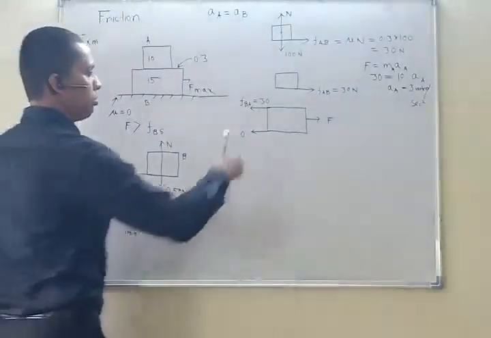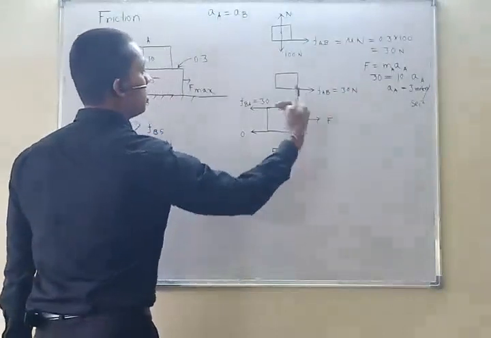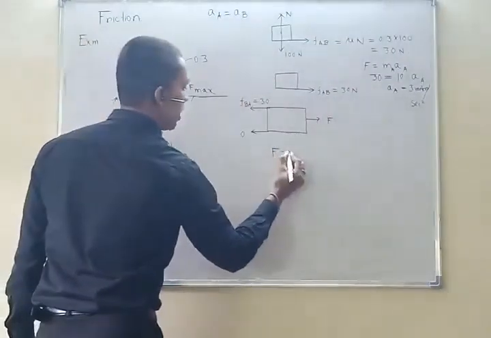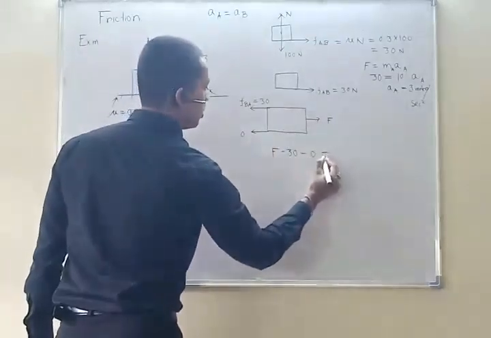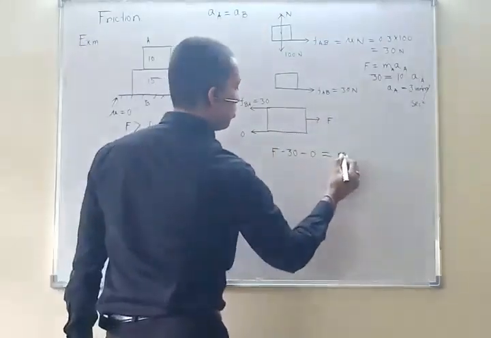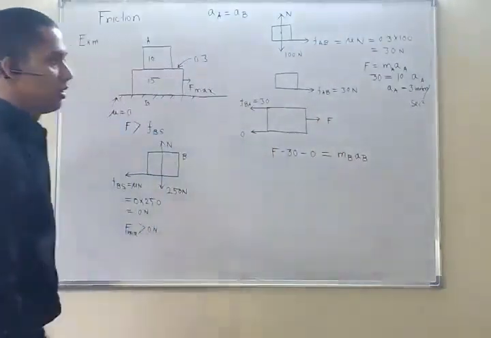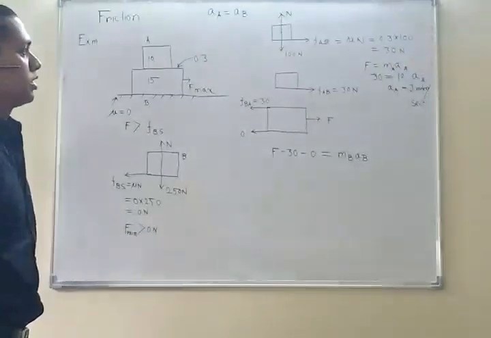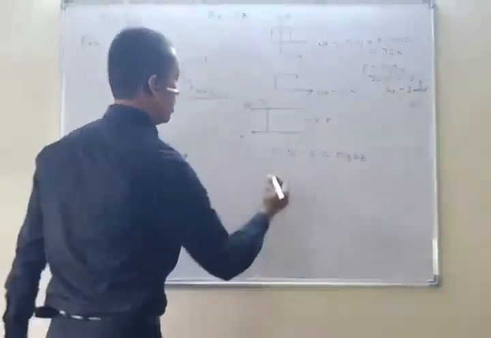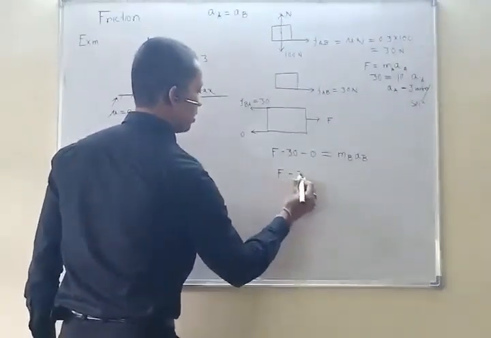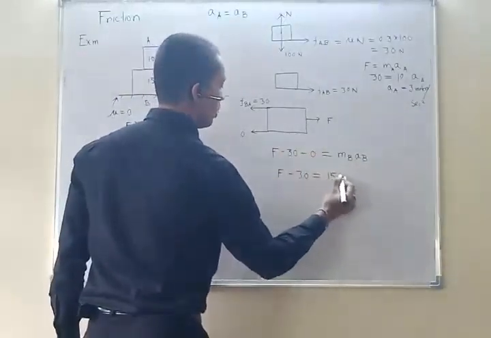So right now, from the free body diagram, we can say F in this direction, resistance in this direction, minus 30, minus this one 0, is equal to mass of B into acceleration of B. What can be the maximum acceleration? That is 3. So F minus 30 should be equal to mass of B, 15, into acceleration of B, 3.